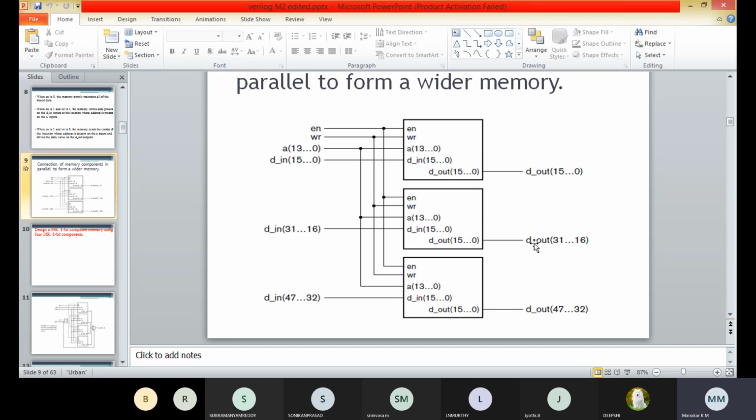The simplest approach to partitioning is to place the first 2 power k locations in the first component and the second 2 power k in the second component, and so on.